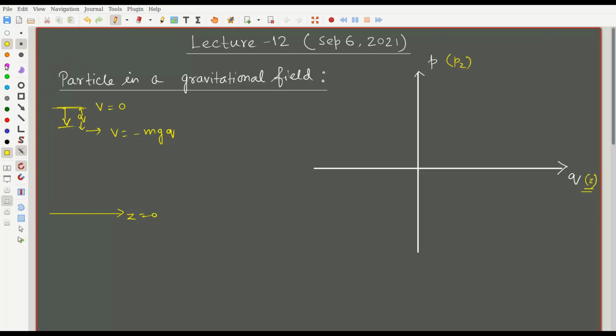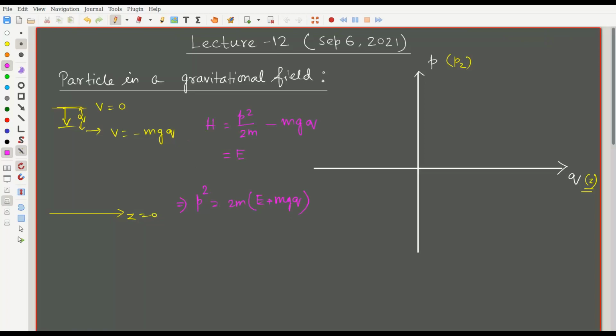Then my Hamiltonian for this system would be H equals p squared by 2m minus mgq. Since this is a conservative system, this would be my total energy E. If I rewrite the equation, p squared equals 2m times (E plus mgq).